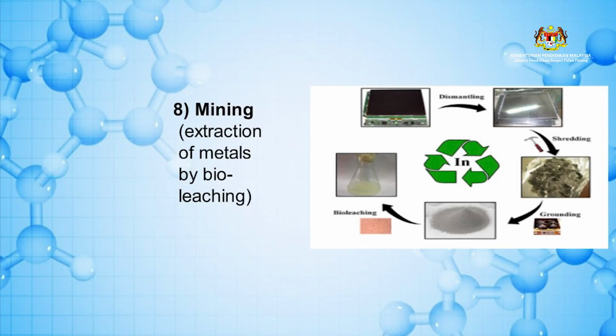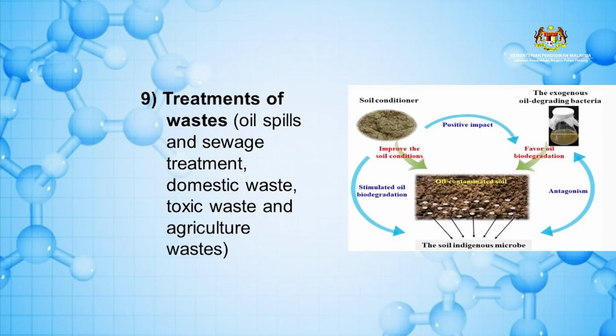Besides that, the mining industry also uses biotechnology in the process of metal extraction by bioleaching. On the other hand, biotechnology is also widely used in the treatment of waste such as oil spills, sewage, domestic waste, toxic waste, and agricultural waste.